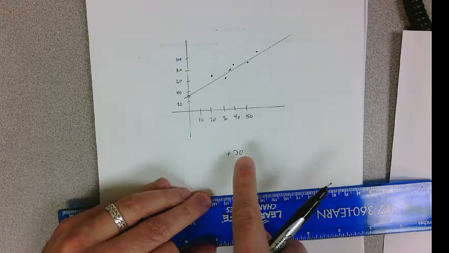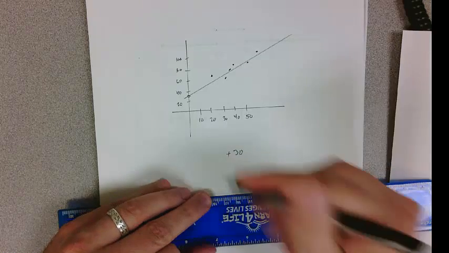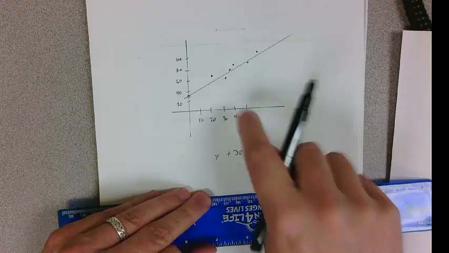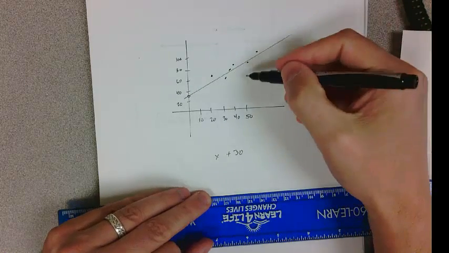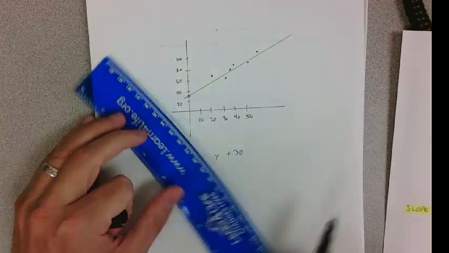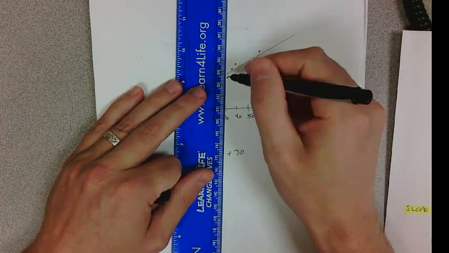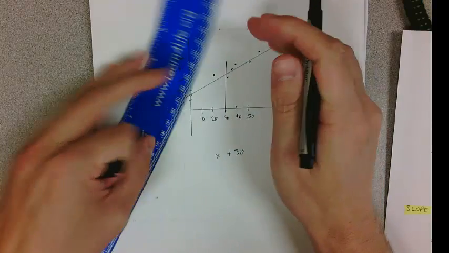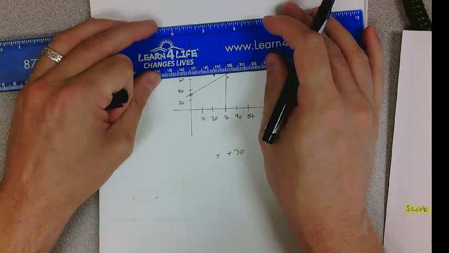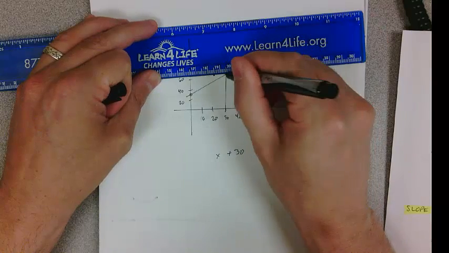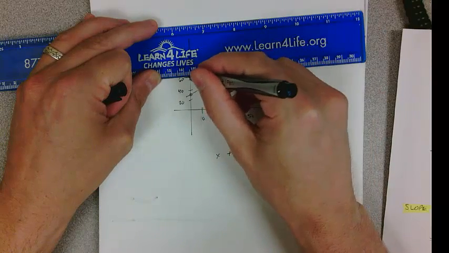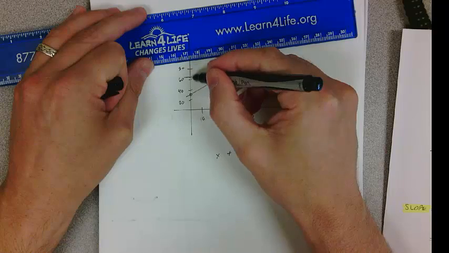So that's the constant term. And then my multiplier on x is the constant rate of change. So this is going to be a little bit more difficult, but let's just pick maybe a point at 30, and then we estimate that that second point comes around more towards 60.